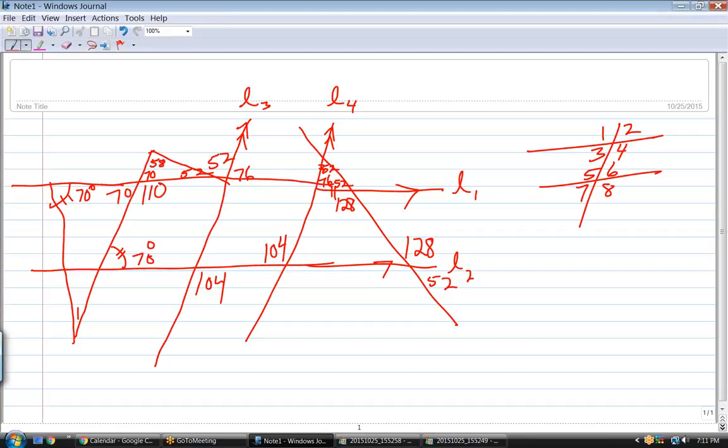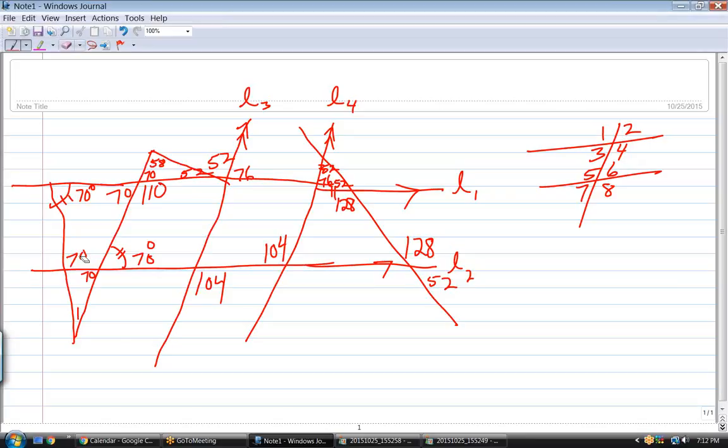Well, we have to get I. Let's see. This is 70 here. This line right there is a transversal of these two parallel lines. So this has to be 70 also. So, oh, 140?